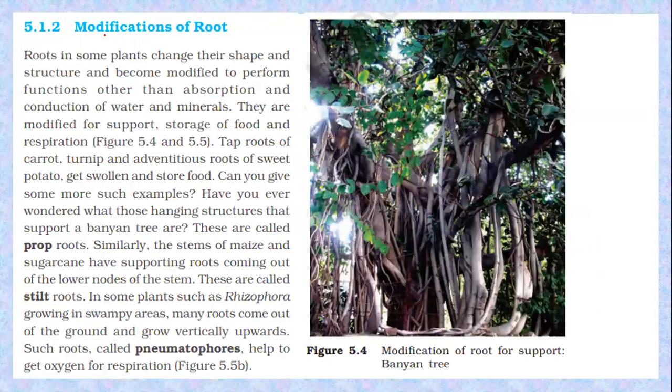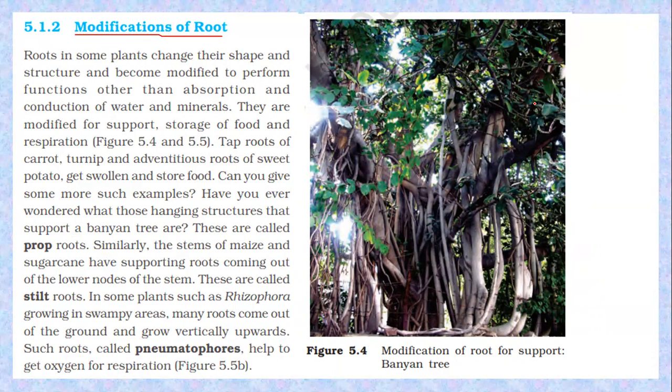Next part is the modification of the root. Roots in some plants change their shape and structure and become modified to perform functions other than absorption and conduction of water and minerals. Whenever a root comes to your mind, what comes to mind is that it helps in the absorption of water and helps the plant get fixed into the soil. Apart from that, there are many other functions a root can perform.